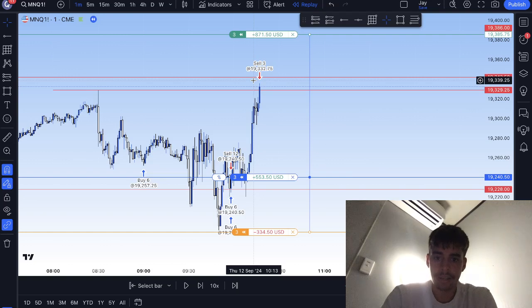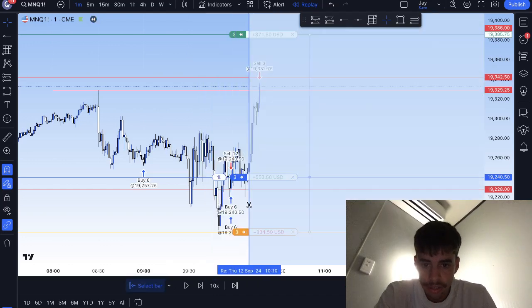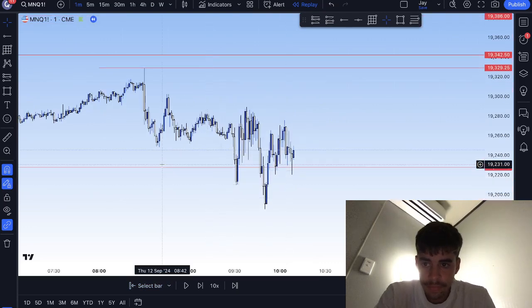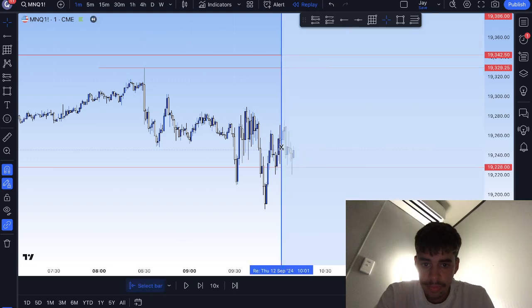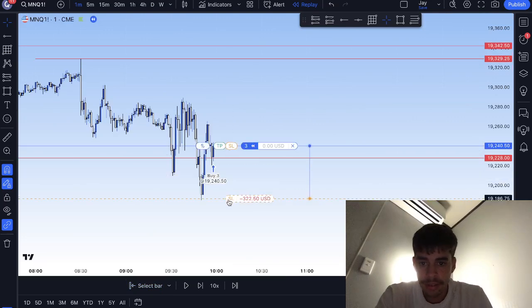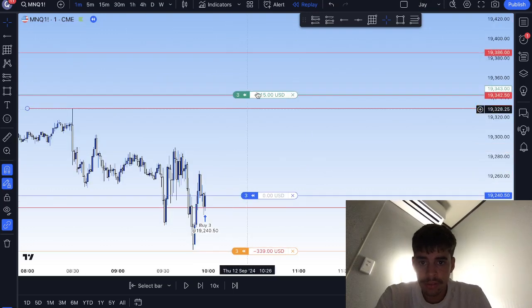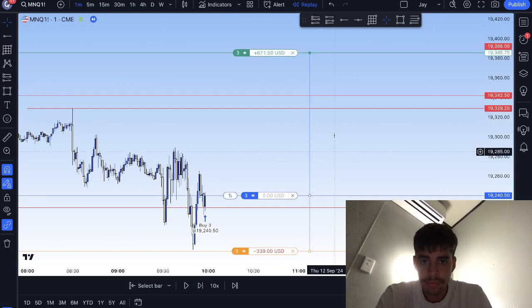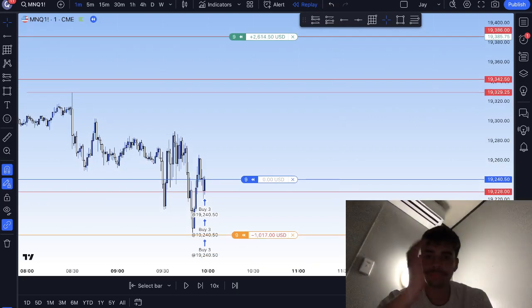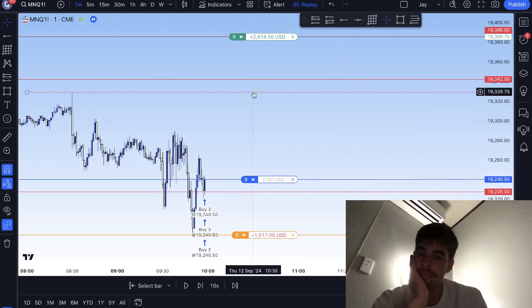Probably not going to worry about... Shit. Sorry guys, I was meant to buy 1%. Okay. 3 positions here, no, 5 positions here, 4 positions here.